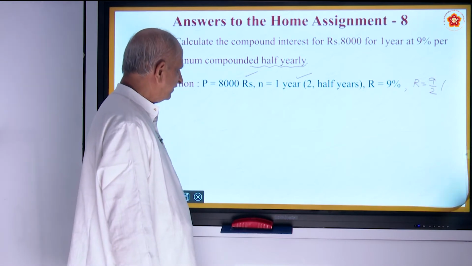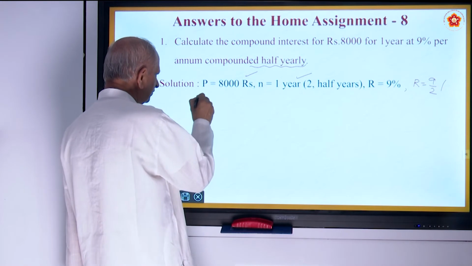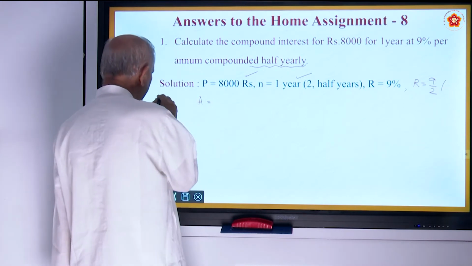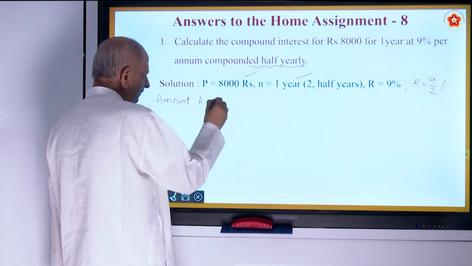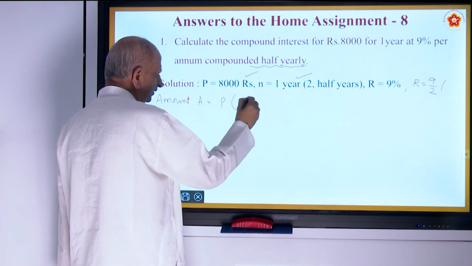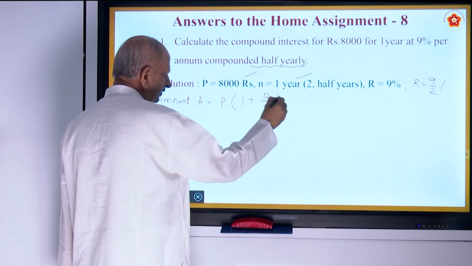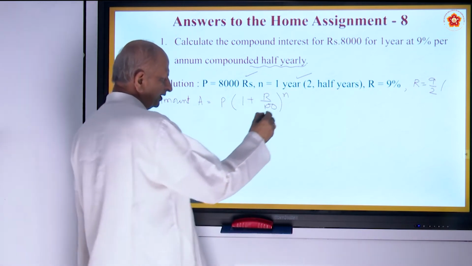And the formula is amount A is equal to P into 1 plus R by 100 to the power of N. That is the formula. And what is P?